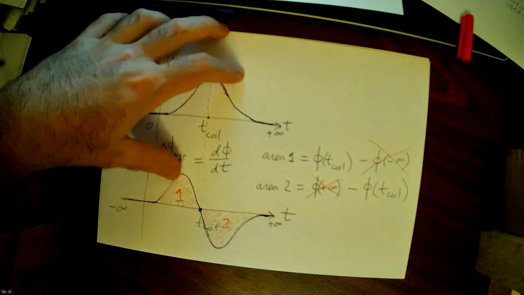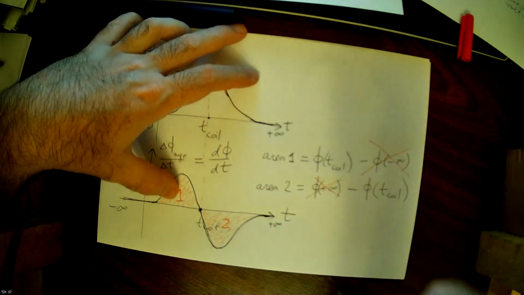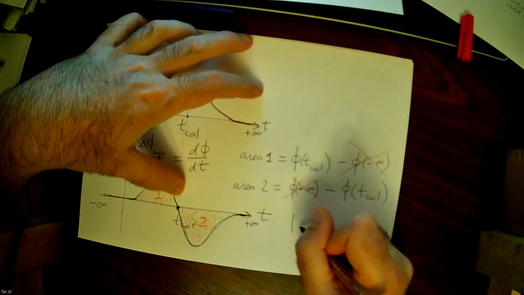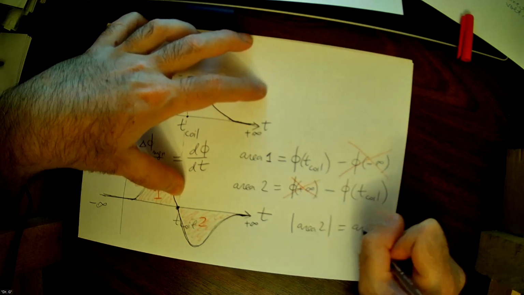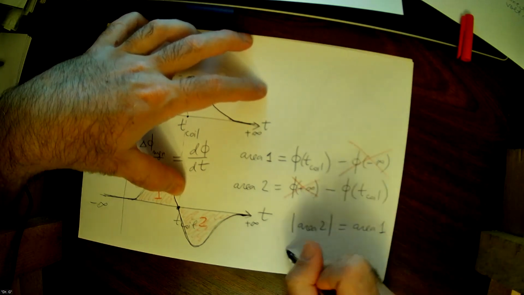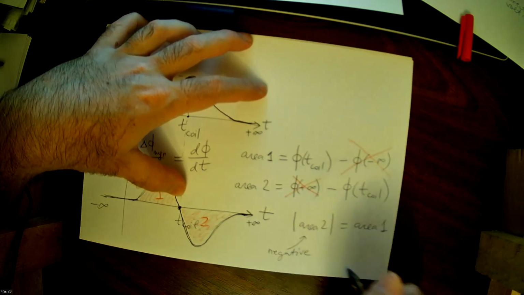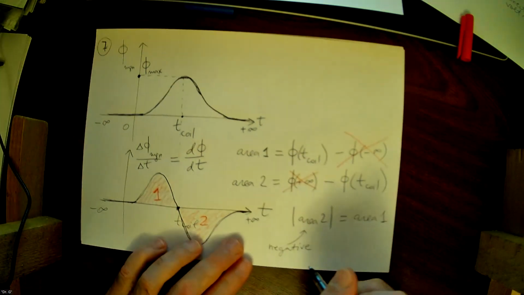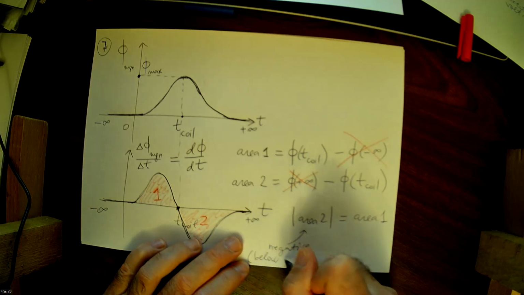And what do we notice? In absolute value, the absolute value of area 2 is equal to area 1. Of course, this is negative because it's an area below the time axis, below the axis.